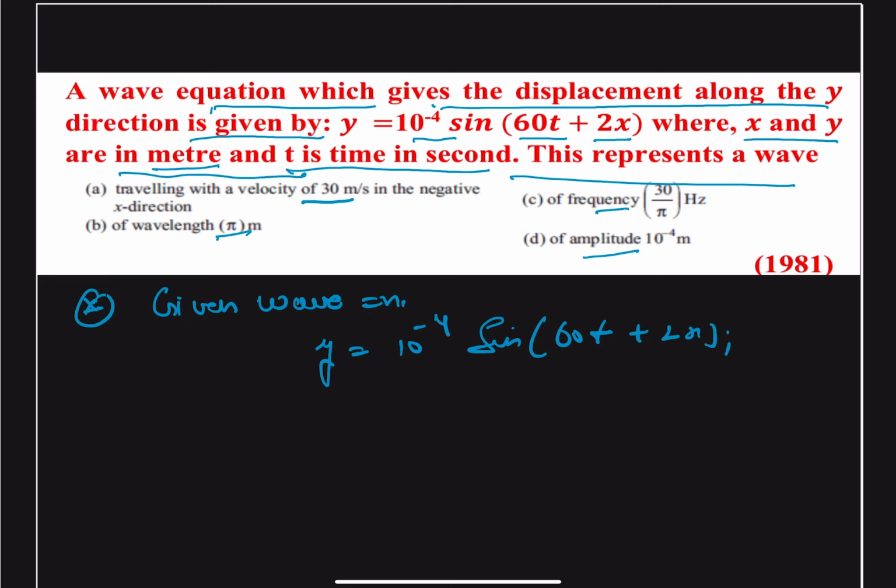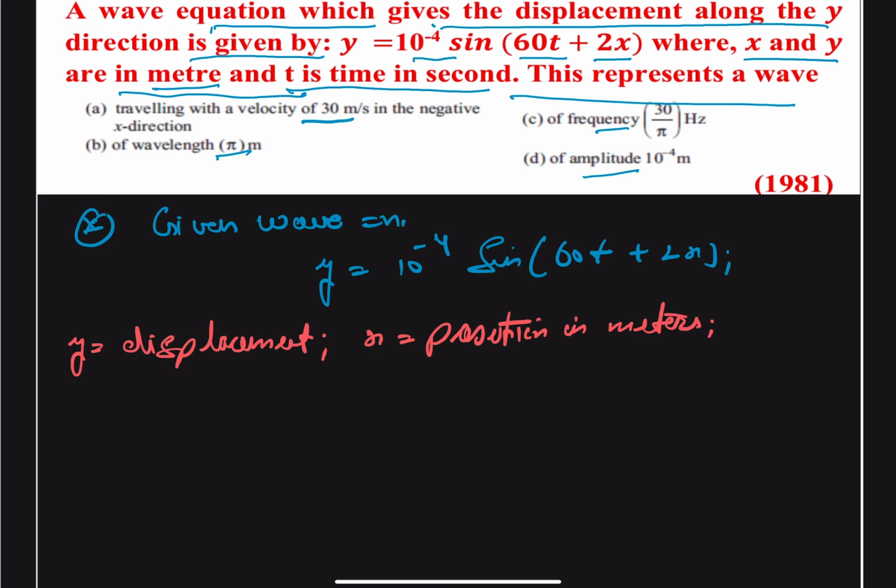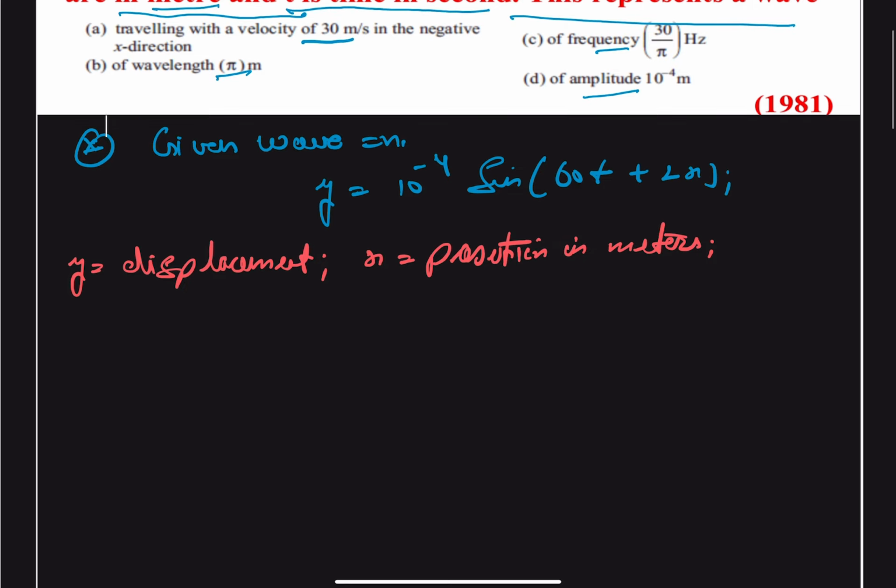Here y is the displacement, x is the position in meters, and t is the time in seconds.